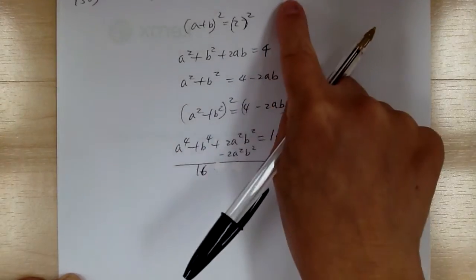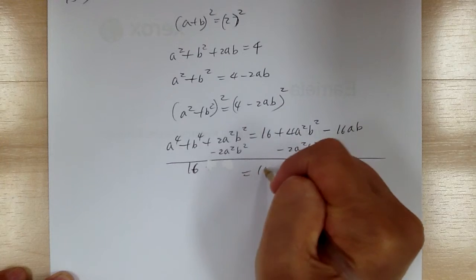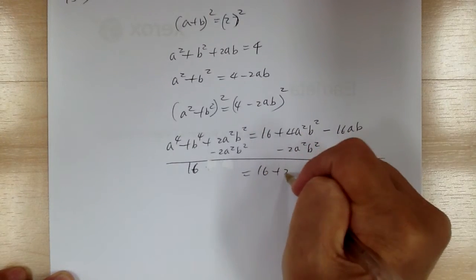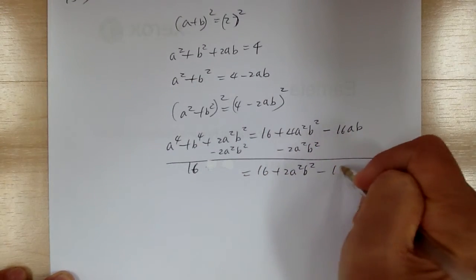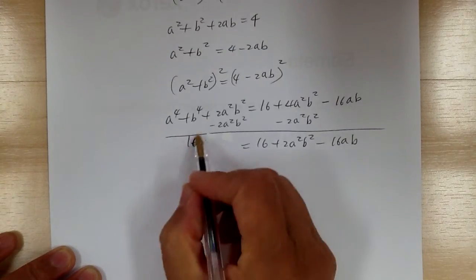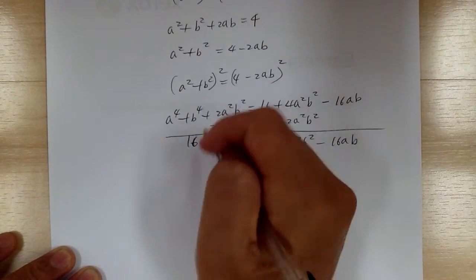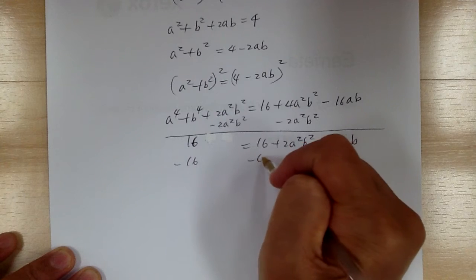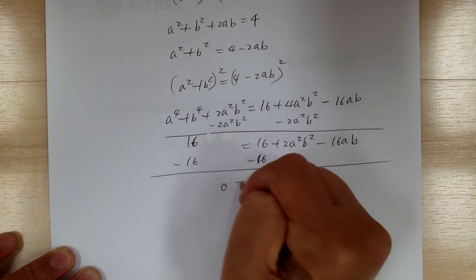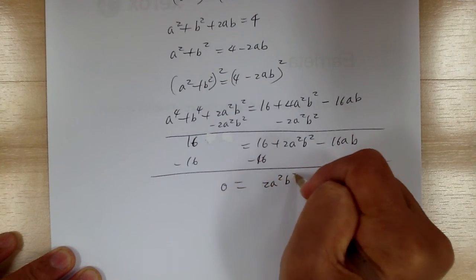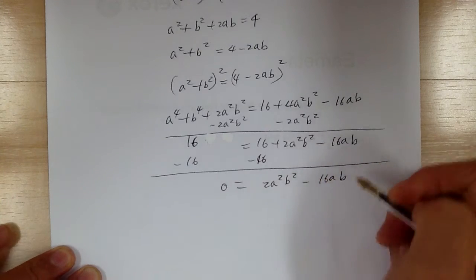Now the 16s cancel out, so minus 16 minus 16. So you got 0 equals 2a squared b squared minus 16ab.